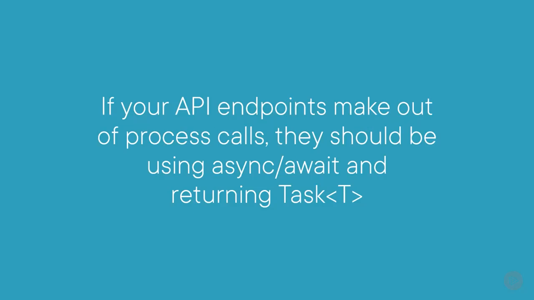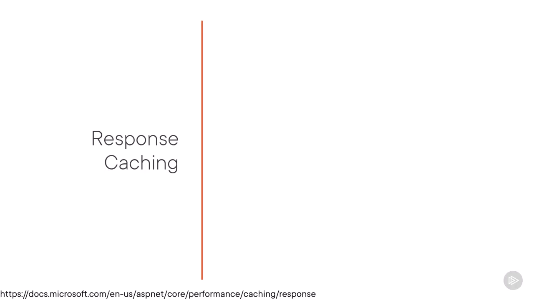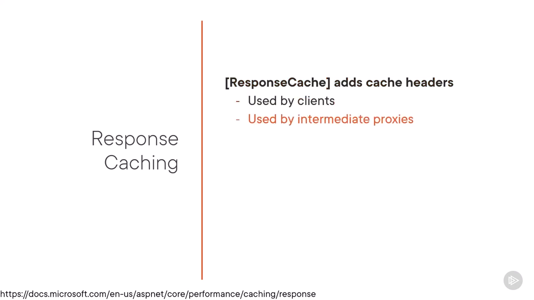It doesn't matter. There are async libraries to work with all of these resources. It should be very rare that you have useful API endpoints that aren't async and thus do not return a task of something. You can use the response cache attribute to add cache headers to your resources. These headers are used by clients and intermediate proxy servers to determine whether and how they should cache the responses.